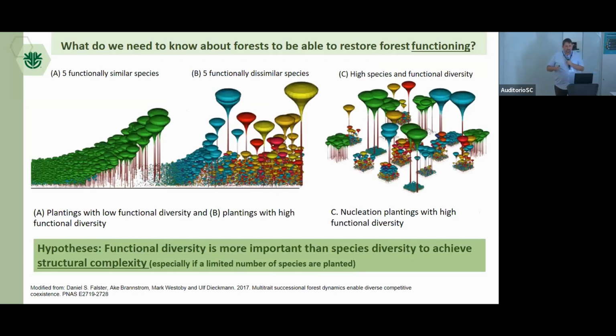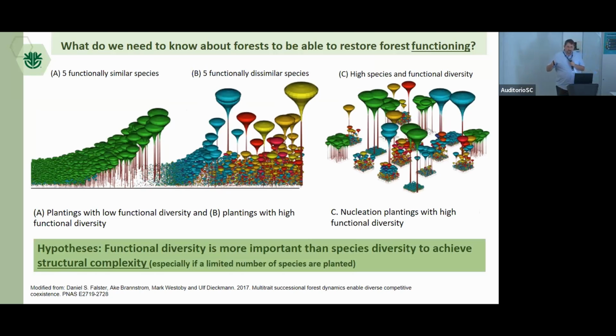A classical example here is a modeled artificial forest. In the first case, case A, we have five functionally similar species, and they together create a forest as the forest grows older.